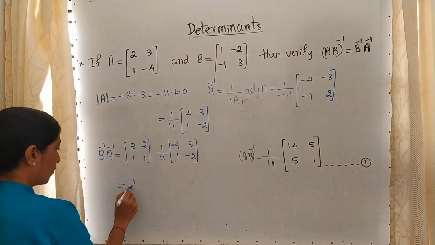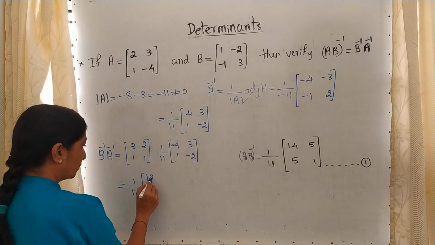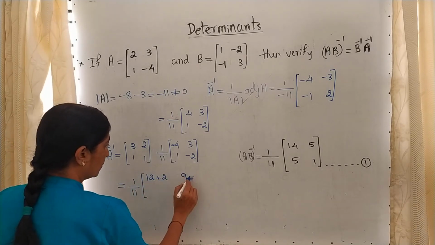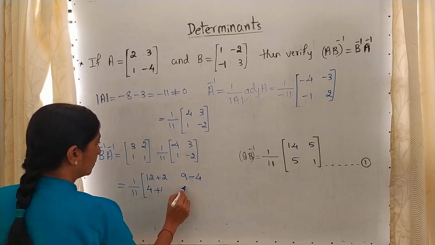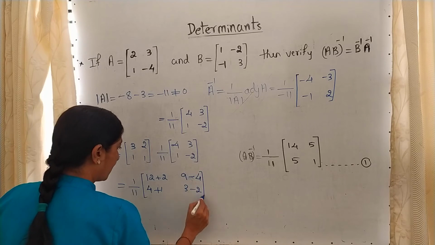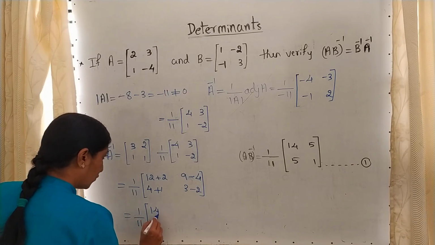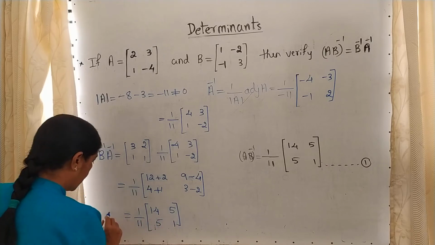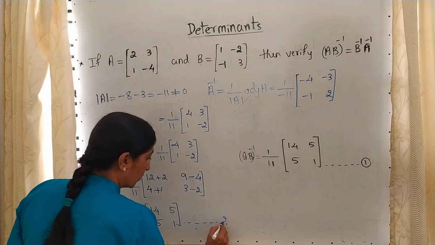See, 1 upon 11 I kept as it is. I am multiplying these two. One upon 11, 14, 5, 5, 1. This is B inverse into A inverse. I am calling this equation 2.